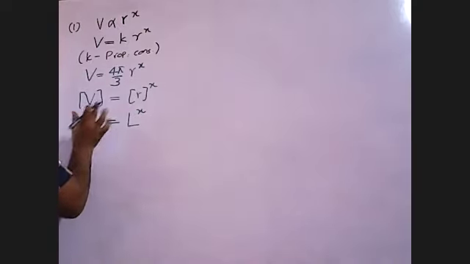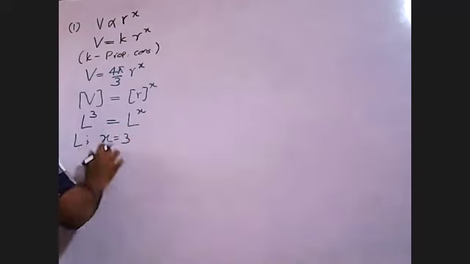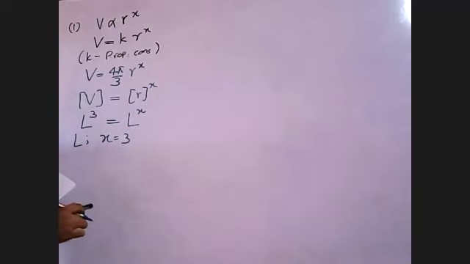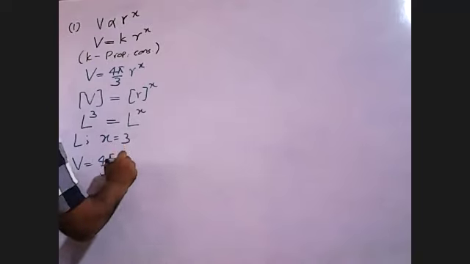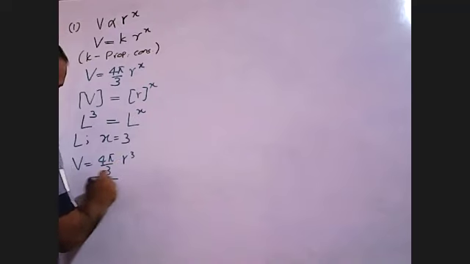That means you are equating powers of the same base, so x is equal to 3. Then you can write the actual formula: V is equal to 4π over 3 times R cubed. This is the actual formula.